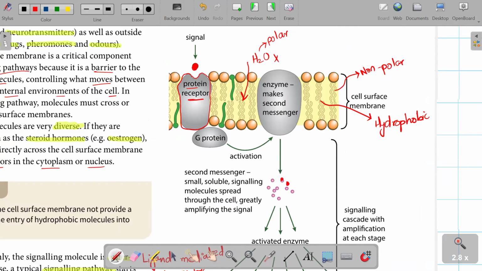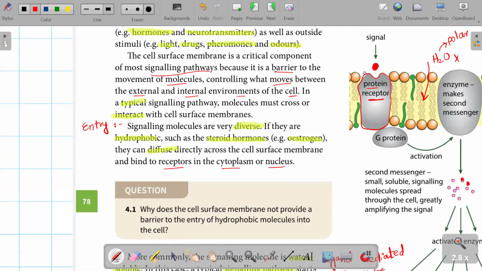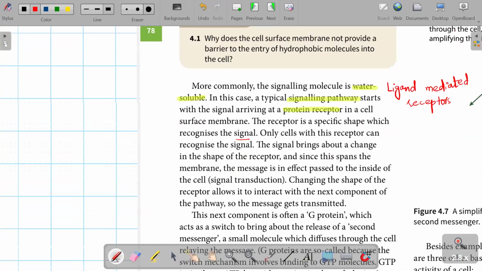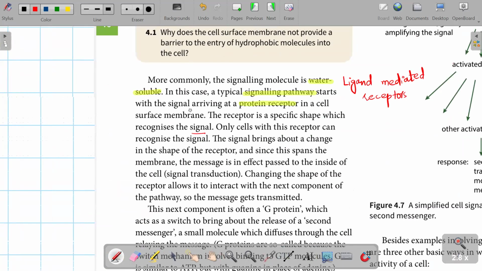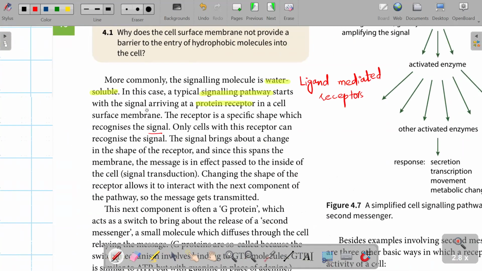The protein receptors receive the ligand. This signal is known as the ligand. What was the receptor called? Ligand mediated receptors. Now they are saying that the receptor is of a specific shape, which will recognize the signal.